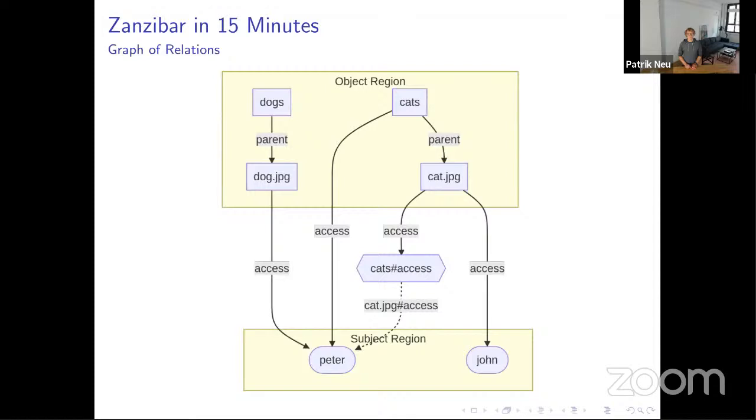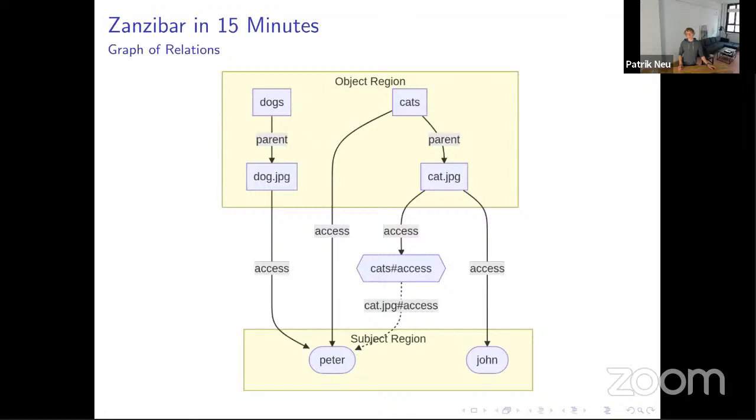But I also just added some more relation tuples to have a bigger graph. In this example, we see that John explicitly got access to the cat.jpg file. And we see that cats is a parent of cat.jpg.